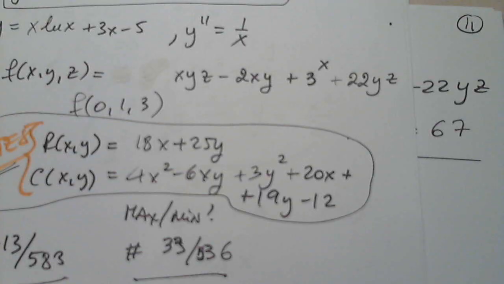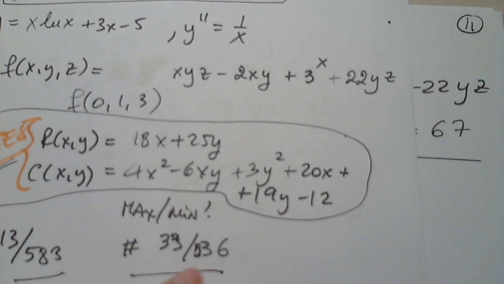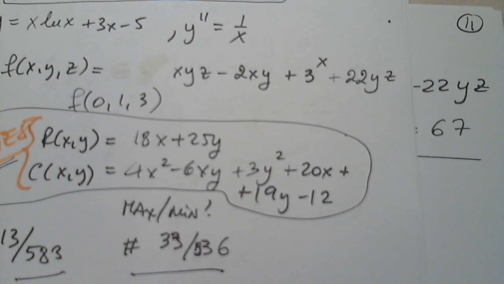One from 583, the other one from 536. So let's take a look. Let's start with 536. I just wanted to make sure that we went through all problems. And now we can go back and do more and choose more, etc., etc.